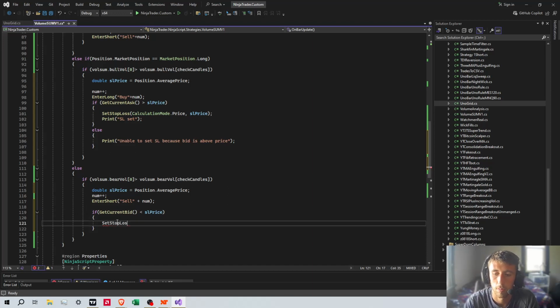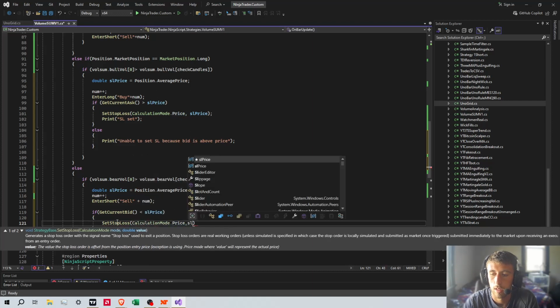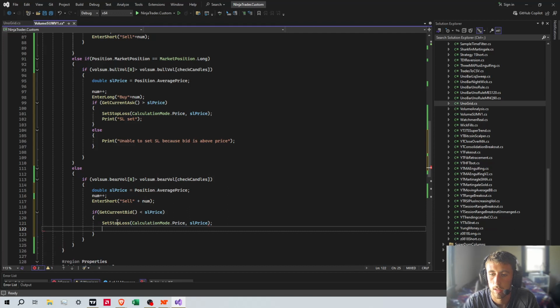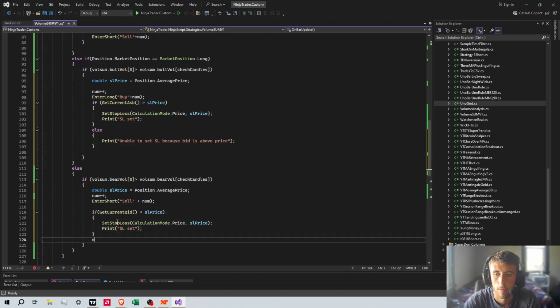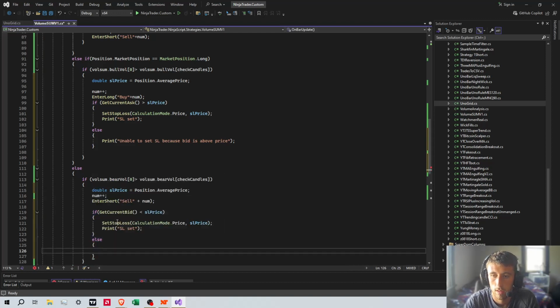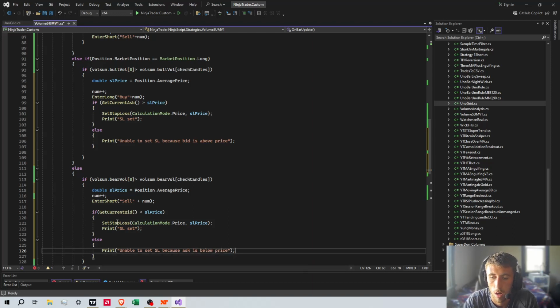So set stop loss dot price SL price, print SL set, else print unable to set SL because ask is below price.